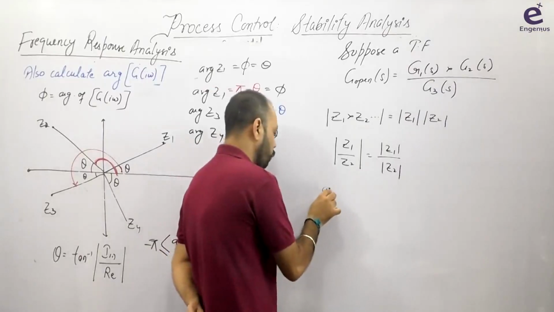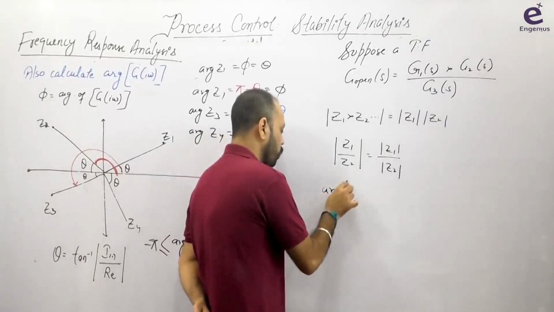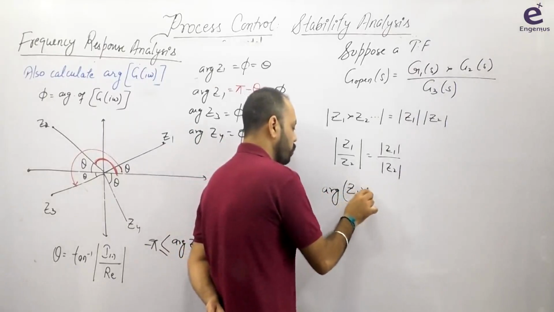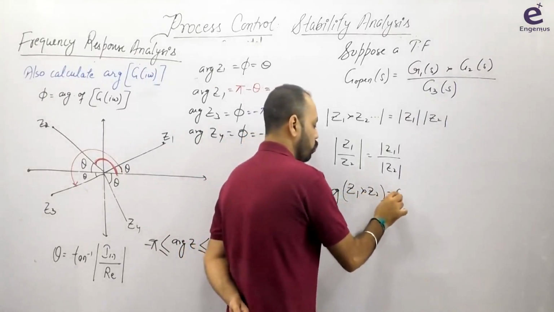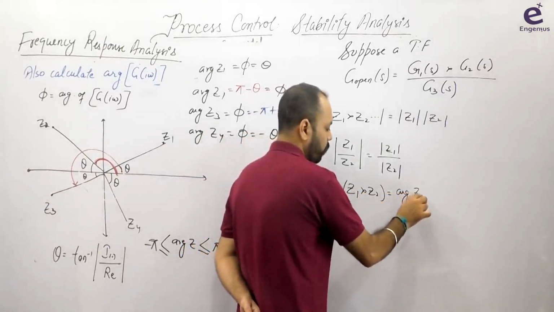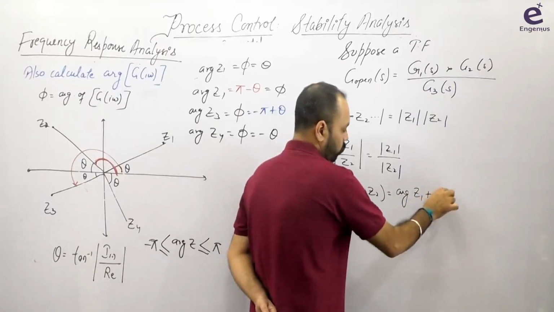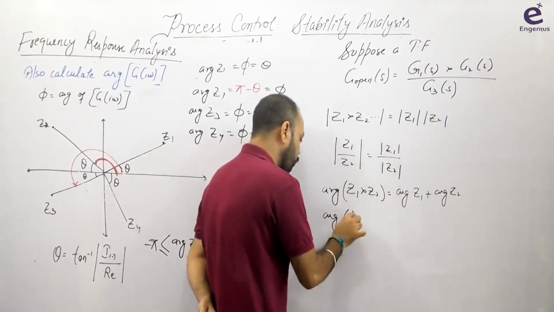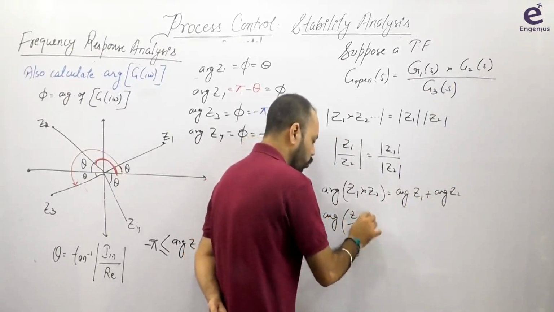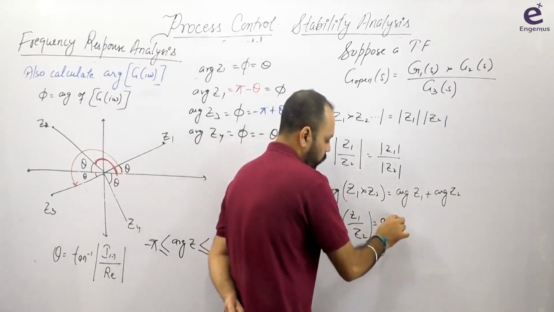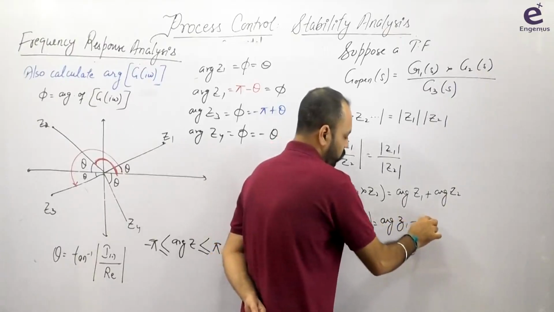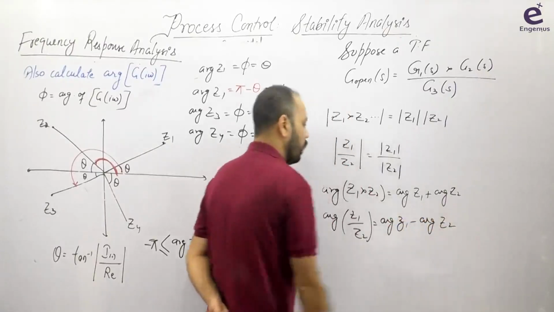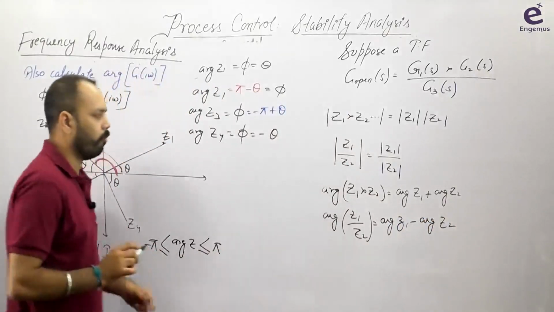Similarly, argument of multiplication of two complex numbers is equal to argument of Z1 plus argument of Z2. Correct? And argument of division of two complex numbers Z1 by Z2 is equal to argument of Z1 minus argument of Z2. Correct? These are some basic properties of modulus and argument.